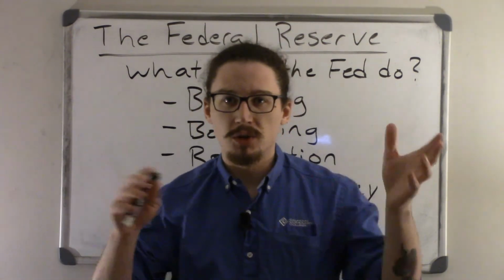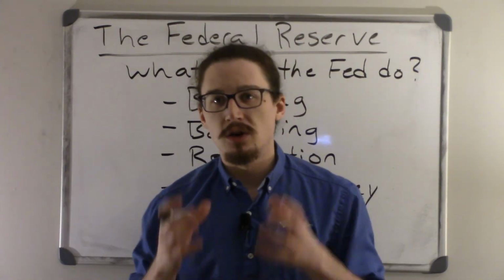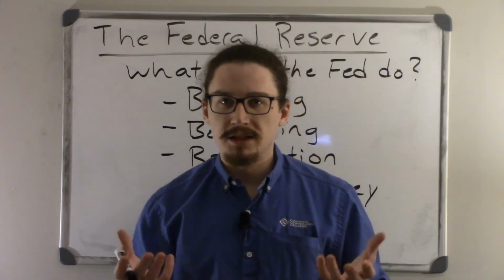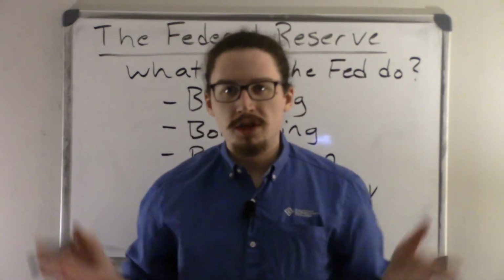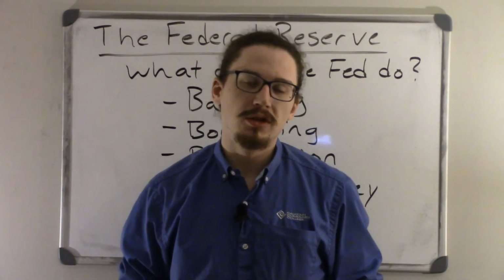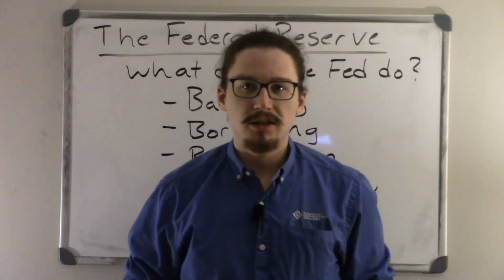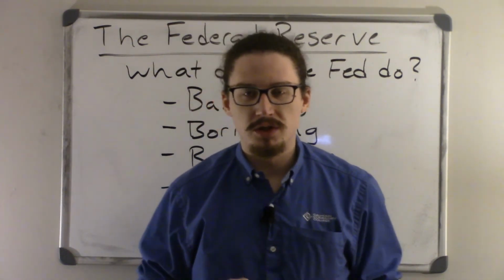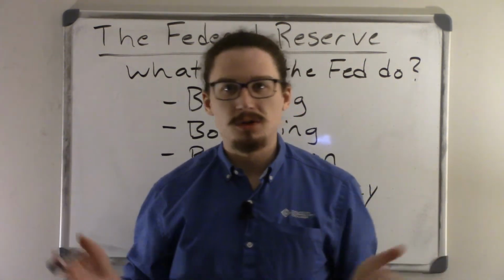So there are 12 regions in the U.S. Each one has its own Federal Reserve, its own director, and then the overarching Federal Reserve at the very top. So out of those 12, you also have the chairman of the Federal Reserve, who directs the federal level.